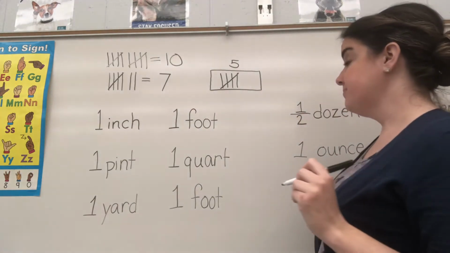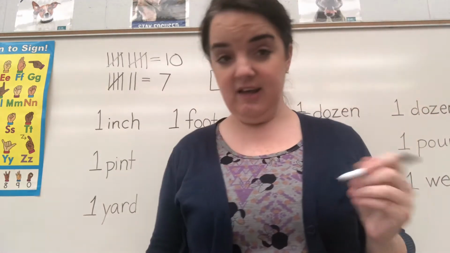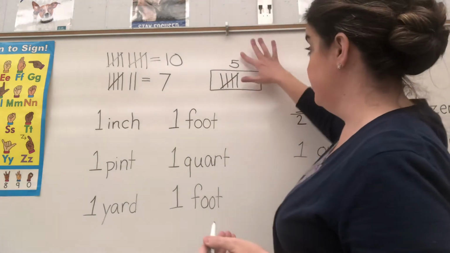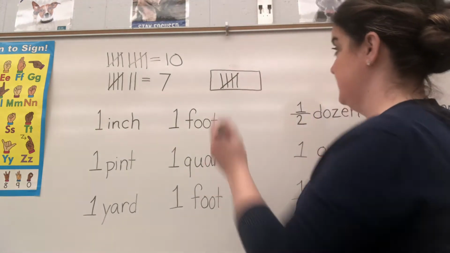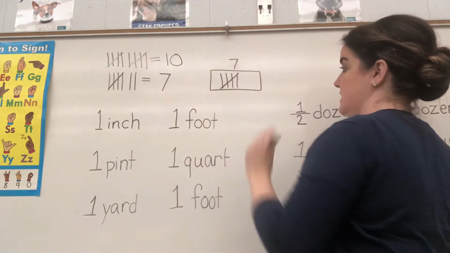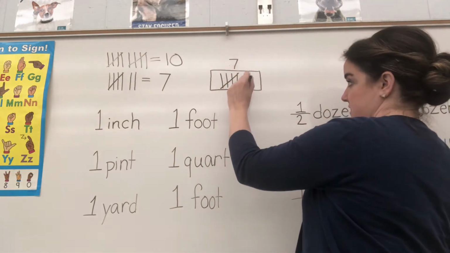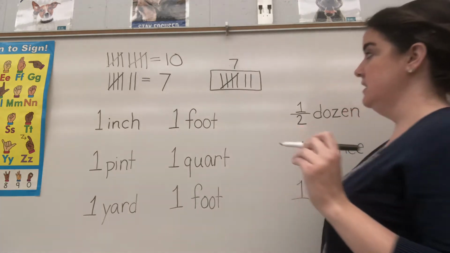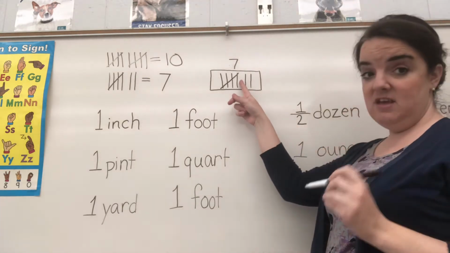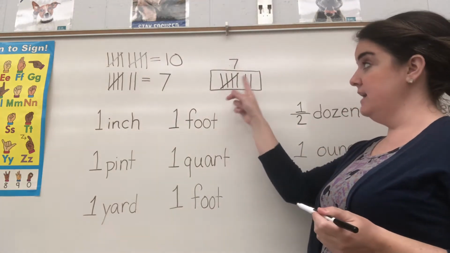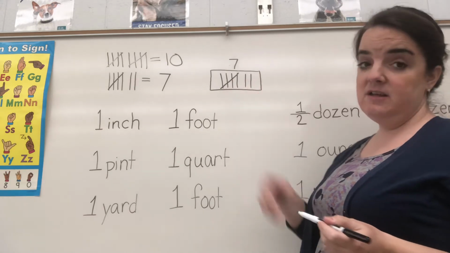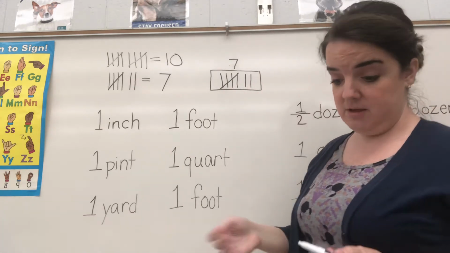All right? And then the next one has 7. So if it were 7, let me erase the 5 here and put a 7. Here's 5, but we need 7, so it'd be 5, 6, 7. Okay, notice I put a little space in between the 5, and then I started the next segment, okay?